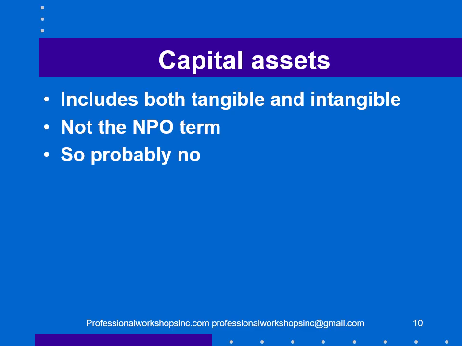So the phrase capital assets. Now that phrase includes both tangible and intangible assets. So if we've decided in a not-for-profit organization that we should be using the term capital assets and not fixed assets, perhaps that's wrong. It's not the NPO term. The NPO term is tangible capital assets. And again, this is the $64 word when a $2 word might be better. And in a not-for-profit organization, the users might better understand the phrase fixed assets as opposed to tangible capital assets.